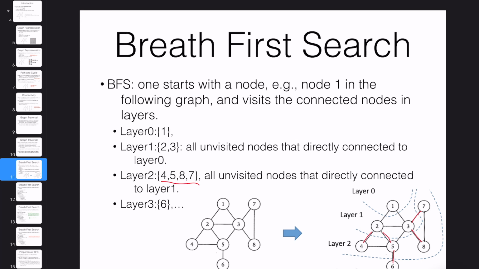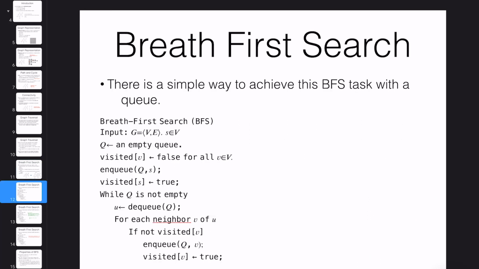But how can we implement this algorithm? We can implement it using a queue. The whole algorithm is that we are given a graph and a node that's going to be the starting point where you should start your breadth first search.